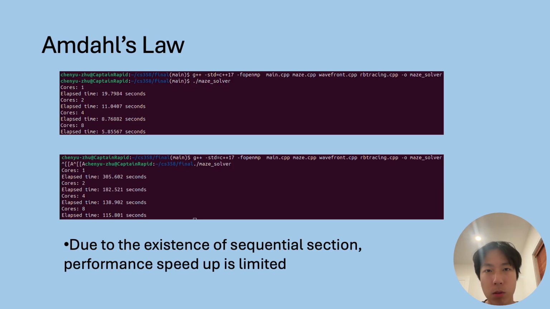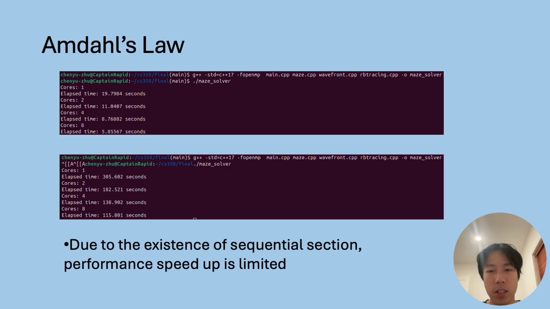That is due to the existence of the sequential section, so the speedup performance is limited. The fastest time would depend on the time the sequential section takes. Let's say in the ideal case, we have an infinite number of cores.